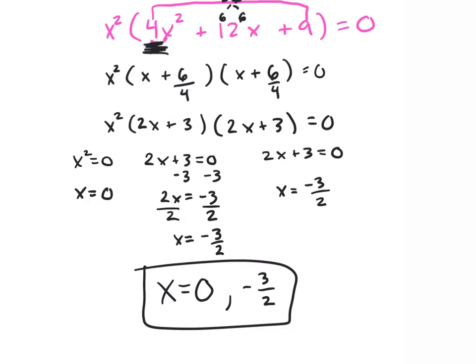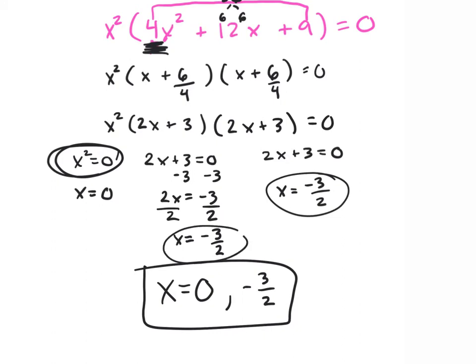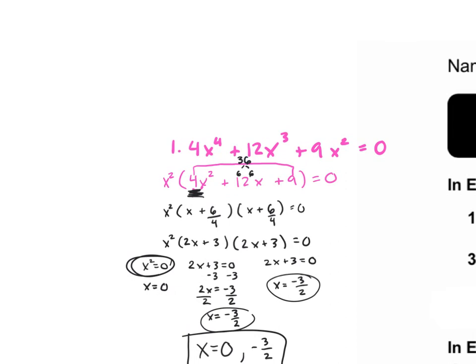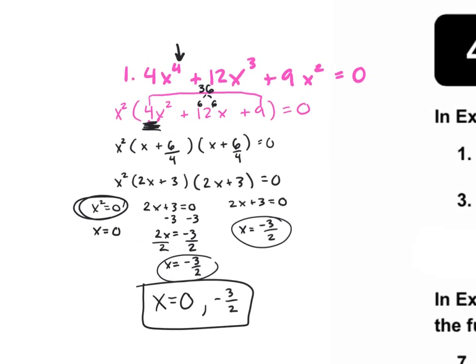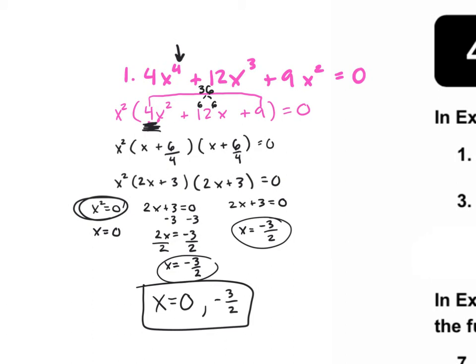It's okay if you put it twice, because technically we have 2 zeros and 2 negative 3 over 2's. We started with 4 as our highest degree, so we have 4 answers, but 2 of them repeat, so we technically only have 2. Any questions here?